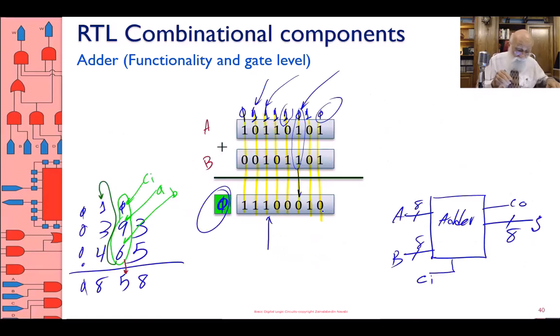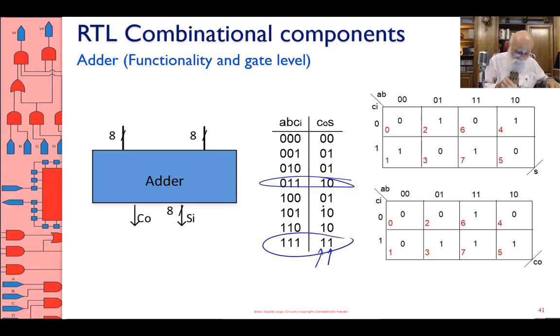1, 0, 0. Do I have 1, 0, 0 here? Yes, I do. It is this one. I'm getting a sum of 1, a carry of 0. 1, 0, 1.